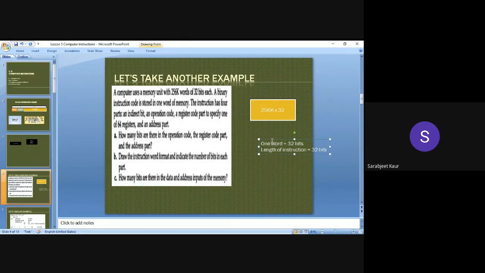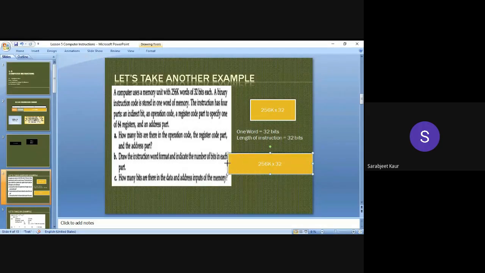The instruction has 4 parts. Let's draw these side by side. This is exactly the kind of question which is asked to you every year, so I thought I'll take it up in the class. So it has 4 parts: an indirect bit, which is the mode bit.